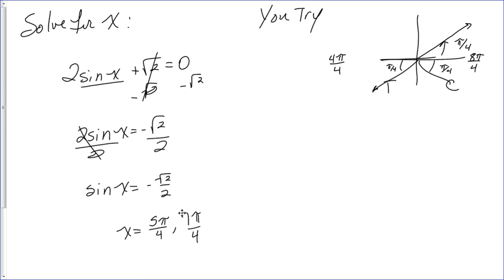So as you can see here, we're simply solving for our trig function, in this case the sine of x. We solved it for sine of x equals negative square root of 2 over 2. You go back to the chart I gave you and figure out what reference angle is associated with the square root of 2 over 2 for the sine value.